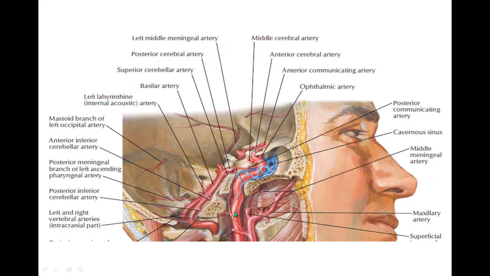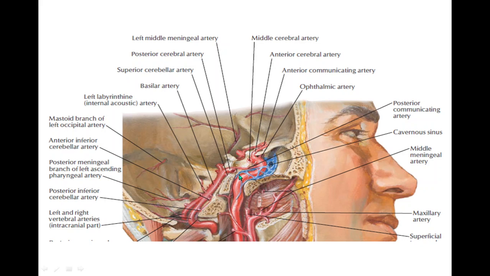So the internal carotid artery runs through the carotid canal, and through the cavernous sinus. Here the course is explained as the sinus course, the S-shaped course of the internal carotid artery. This is the only vessel, the only artery, which runs within a vein.